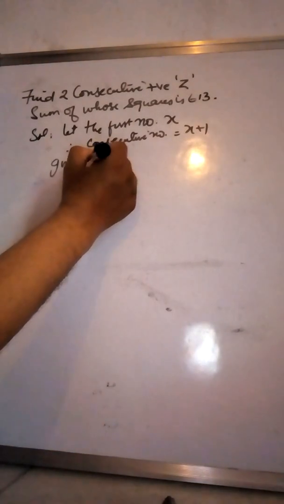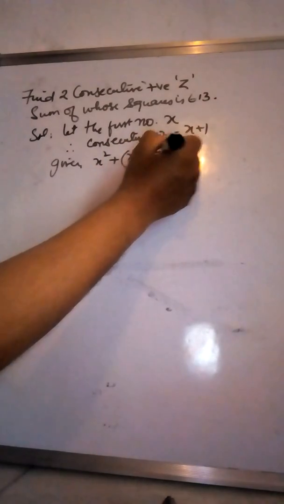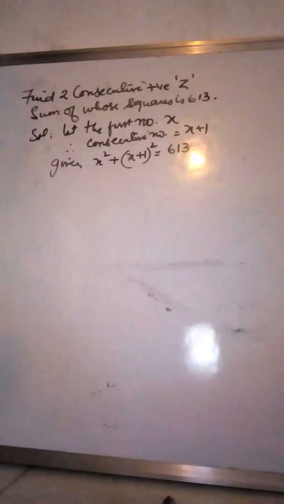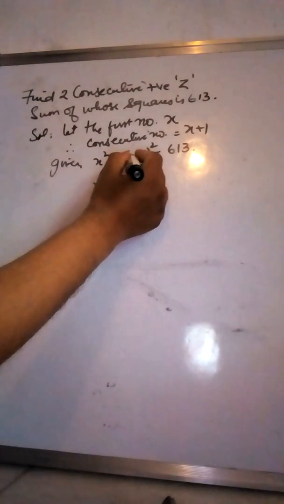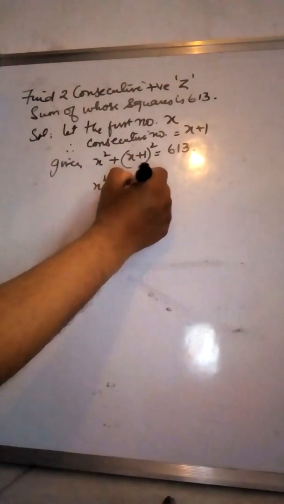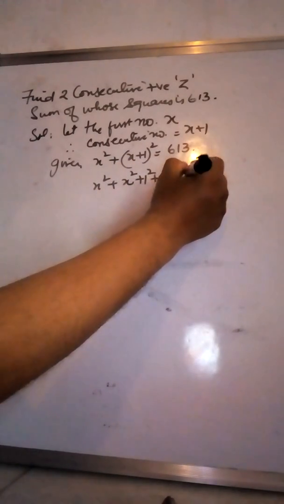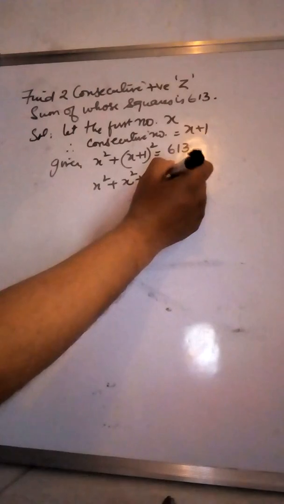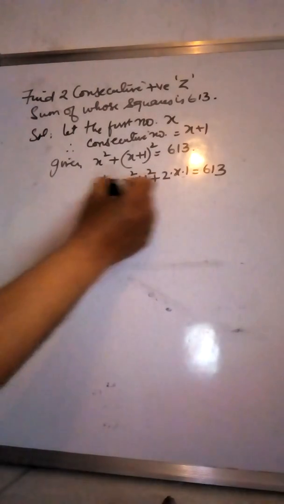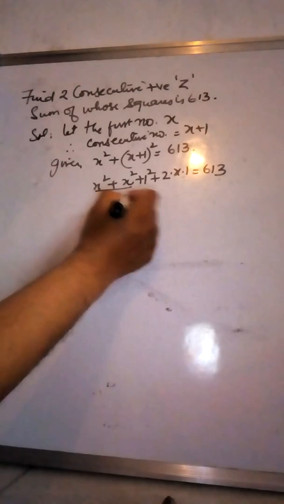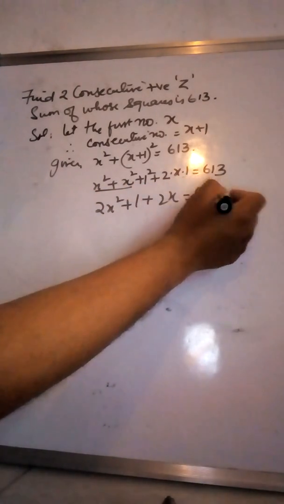It means x square plus x plus 1 whole square is equal to 613. Now x plus 1 whole square is in the form of a plus b whole square, so it will be a square plus b square plus 2ab, 2 into x into 1, is equal to 613. x square plus x square will be 2x square plus 1 plus 2x is equal to 613.